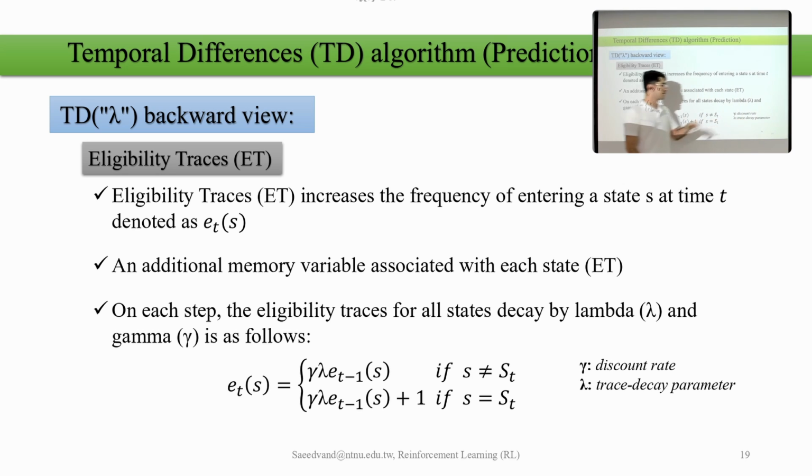That will be indicated by the trace decay parameter, which is a value between 0 and 1.